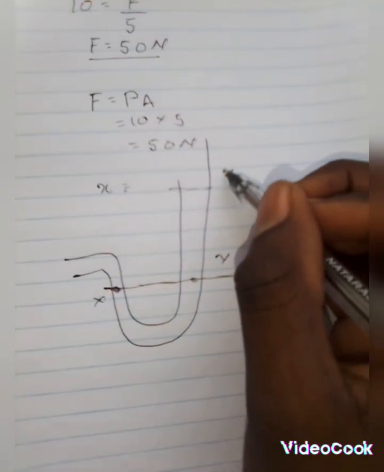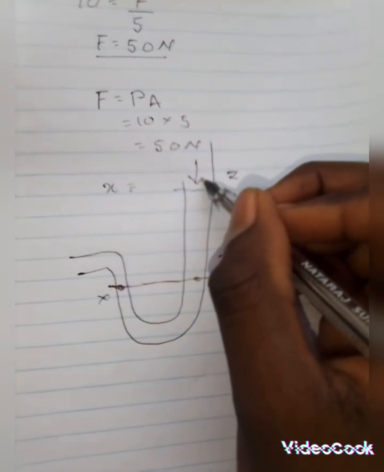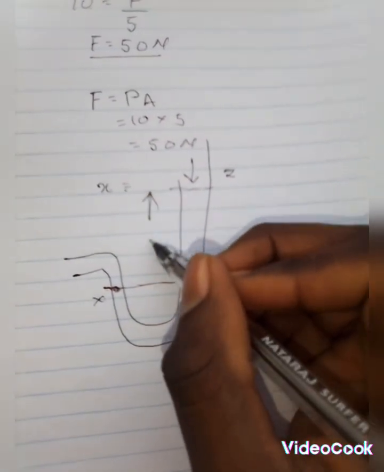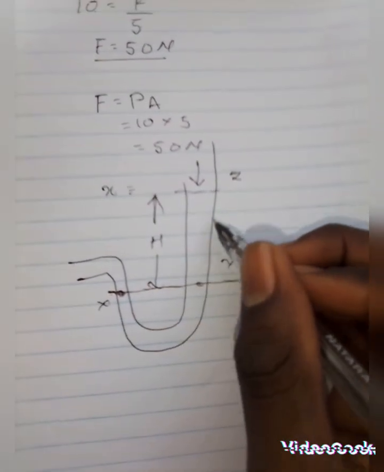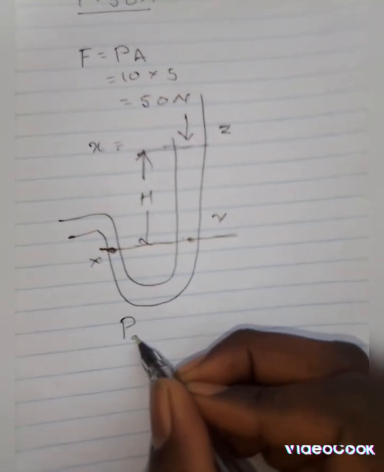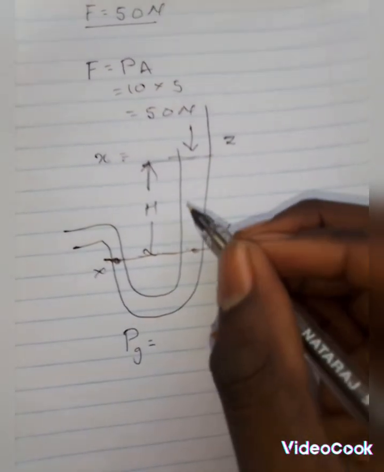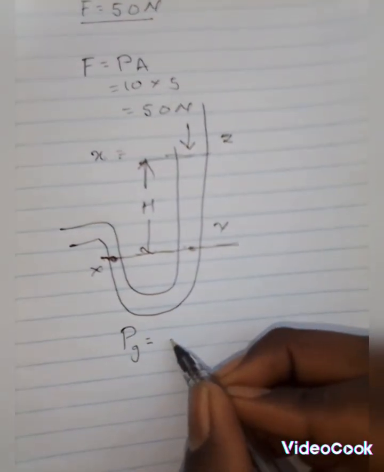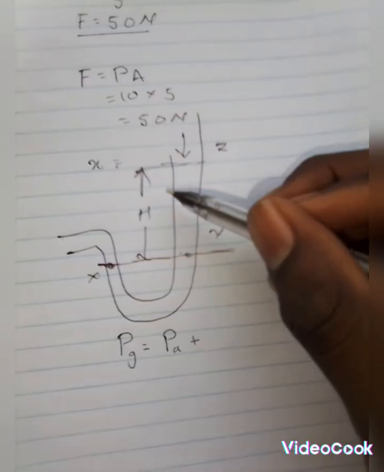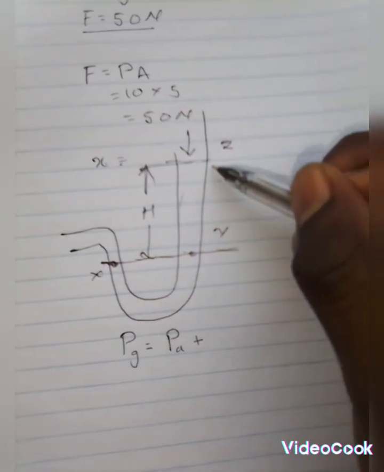So we know that at Z there's atmospheric pressure acting, and we also know that there's a pressure which is due to the height of this water column, which is right there. So the gas pressure is equal to the atmospheric pressure plus the pressure due to this water column.